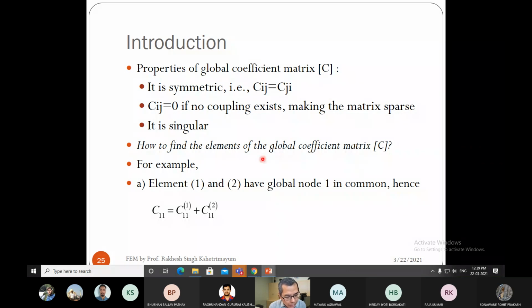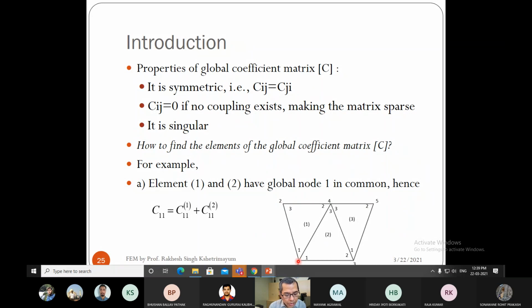Okay, so how do we find the elements of the global coefficient matrix C? Let's see. This is the solution region. We have 3 triangular elements, 1, 2, 3. Now I want to find C11, where 1 outside is the global node number.